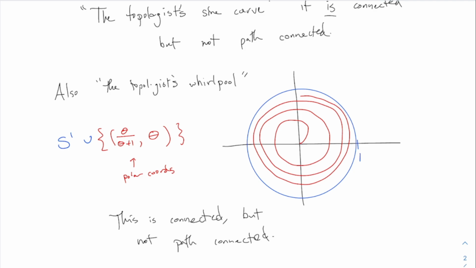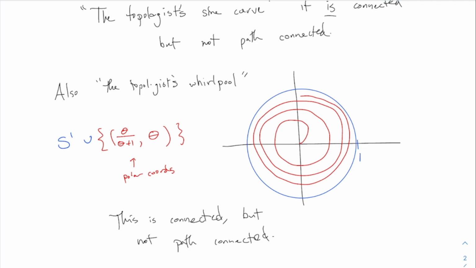You don't have to worry about things like this in the real world because these examples typically involve some kind of an infinitely long thing which approaches asymptotically some other thing, and that doesn't exactly happen in real life. So in real life, connected and path connected are kind of the same thing. But in abstract spaces like this, there can be differences.